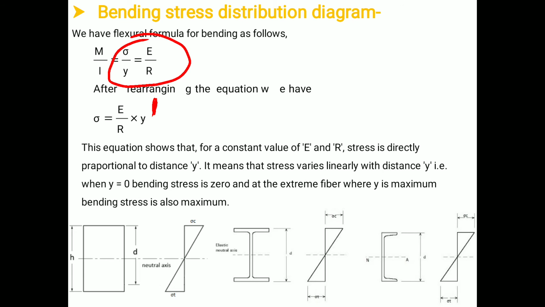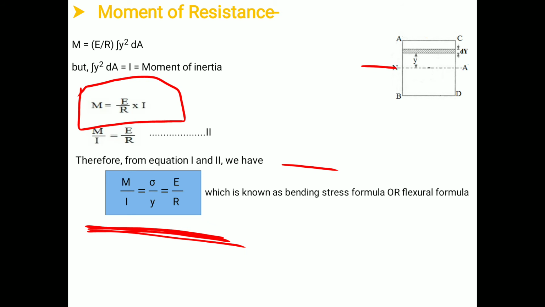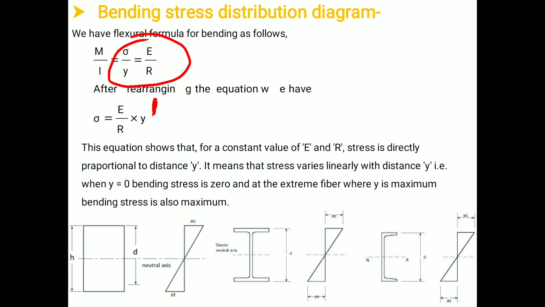Now, if I concentrate on this figure, at the neutral axis we have y equal to 0, and at the extreme fiber I have the maximum value of y. So the value of sigma varies with y. This is the bending stress distribution diagram for the various cross sections.